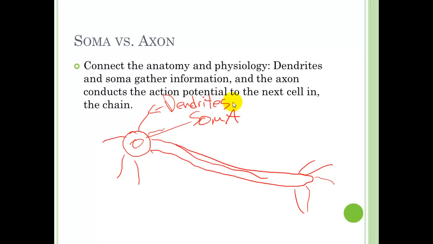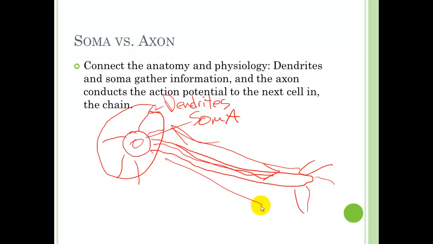So, connect the anatomy and physiology. Dendrites and the soma gather the information, so that's this guy up here, pretty much the cell body. And the axon conducts the action potentials, or the actual stimulus, or the input, either way. So this could be receiving input, or this could be receiving output. I need you to do a specific task.